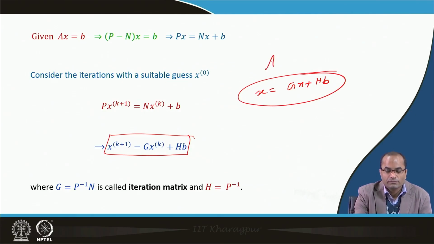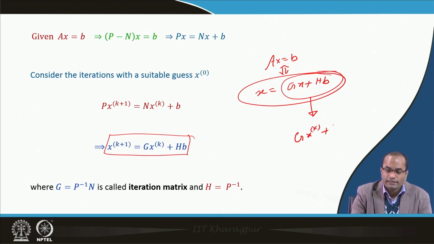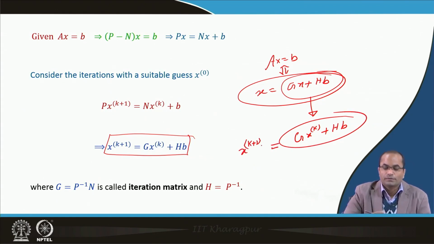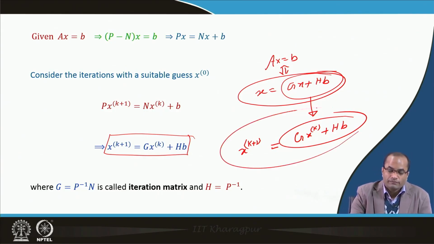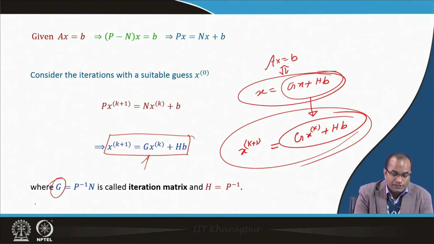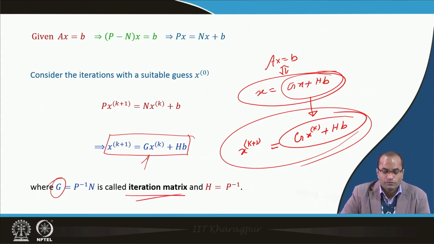From this we set up an iteration that takes some values of x, computes G x plus H b, and whatever number we get, we set as the value at iteration k plus 1. When we iterate this, we are supposed to go towards the actual solution, and G plays a very important role, called the iteration matrix of the given scheme.